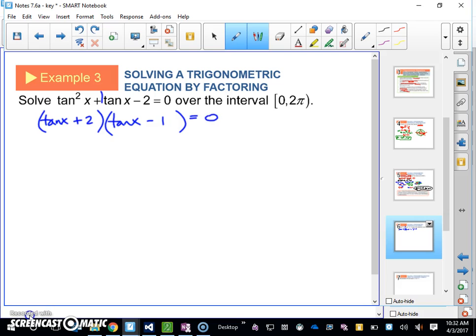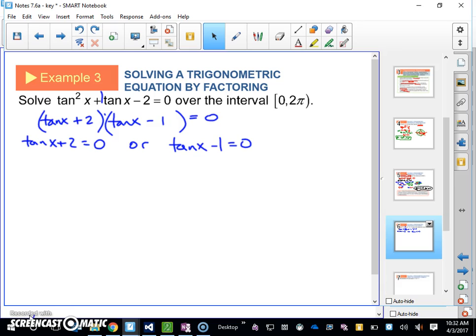And so what we've just done is we've factored a trig function. We want to try and factor that so we can solve that. And what happens here, zero product property says that you'd either have tangent x plus 2 equals 0, or you'd have tangent x minus 1 equals 0.